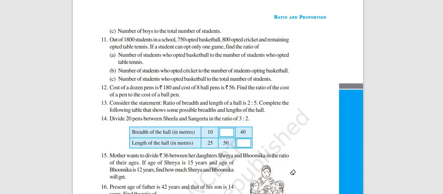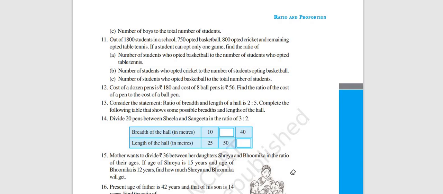Remaining means other than basketball and cricket. If a student can opt only one game, find the ratio of number of students who opted basketball to the number of students who opted table tennis. Question 2 is find the ratio of number of students who opted cricket to the number of students opting basketball.